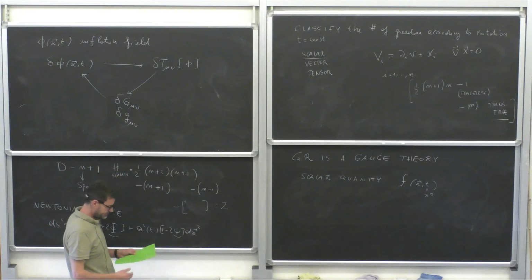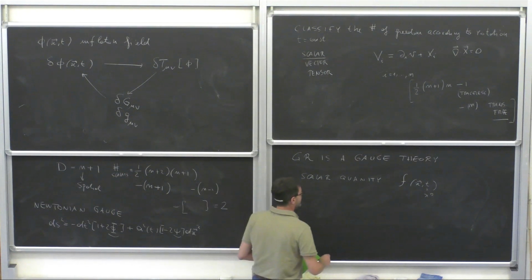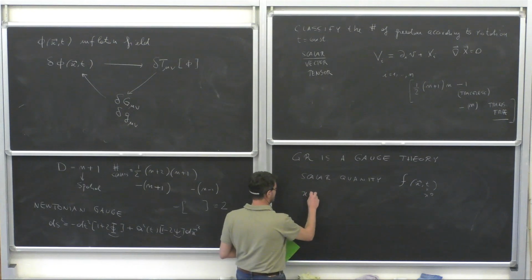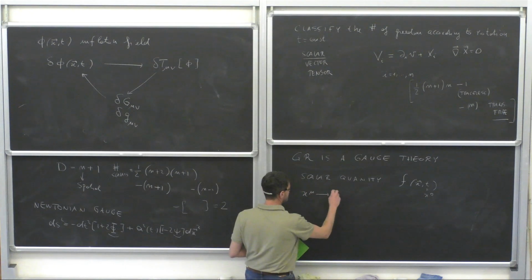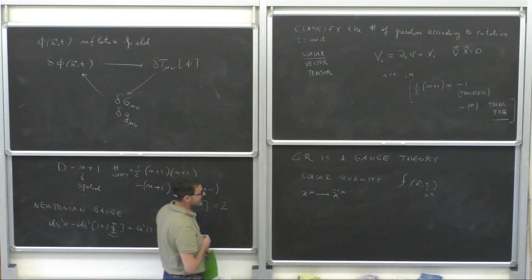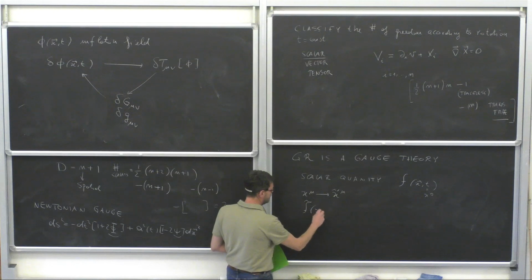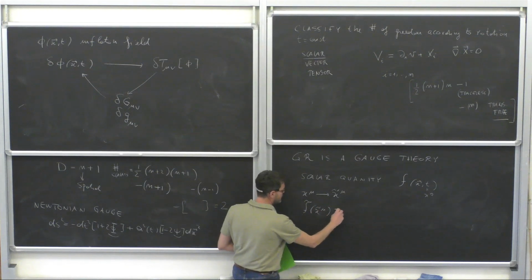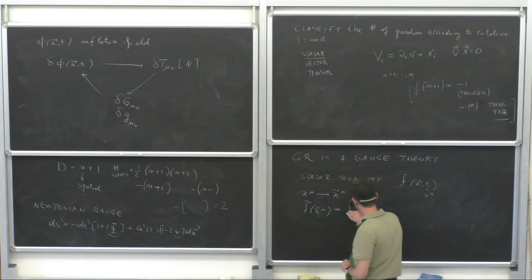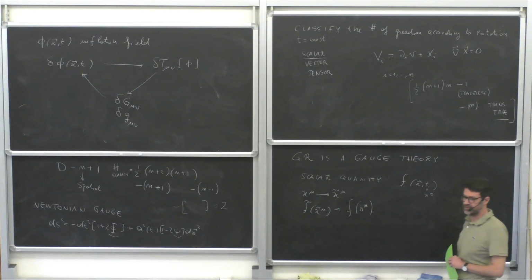So by definition, what is a scalar? A scalar is a quantity that, if I change my coordinates and go from x mu to x tilde mu, transforms in this way: f tilde of x tilde mu is equal to f of x mu. Right? This is what you know.